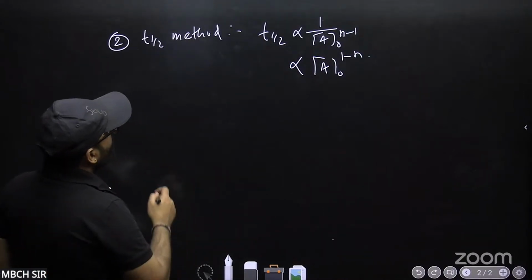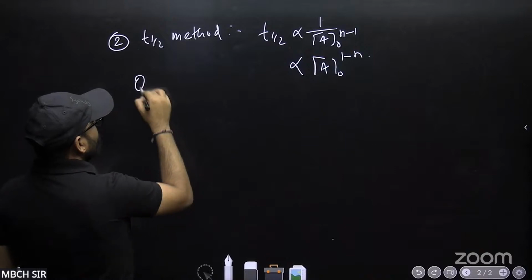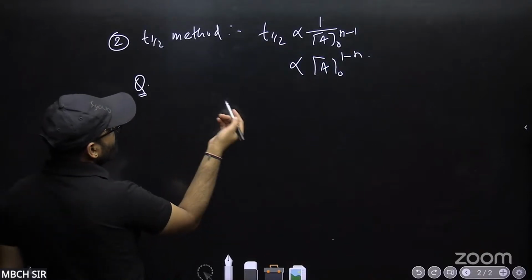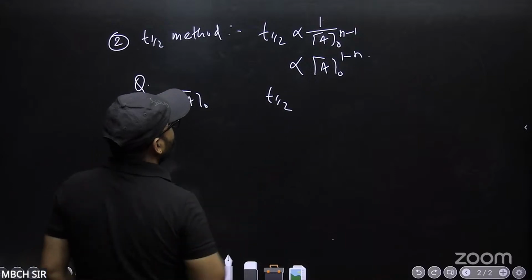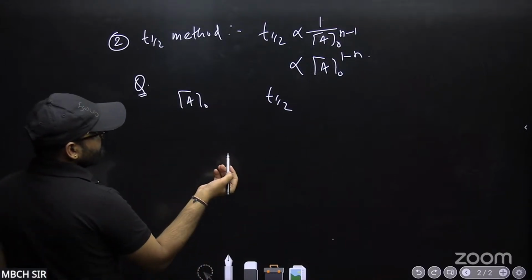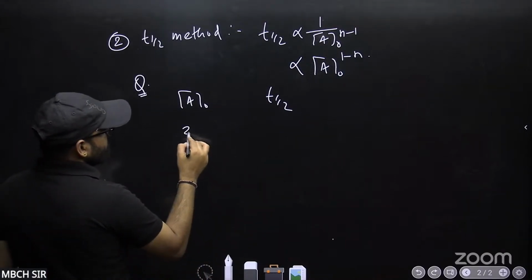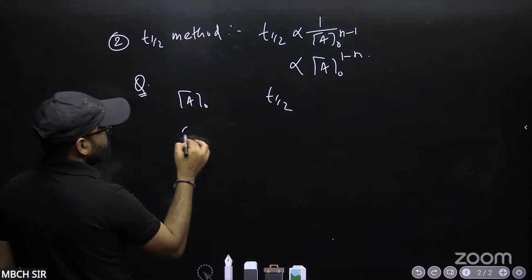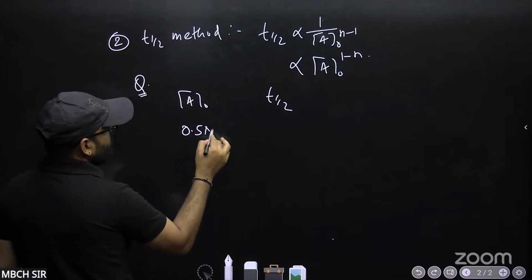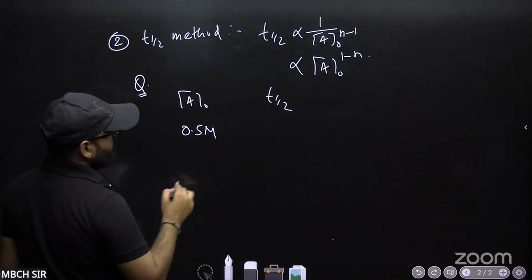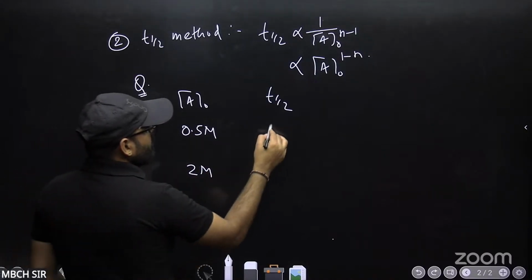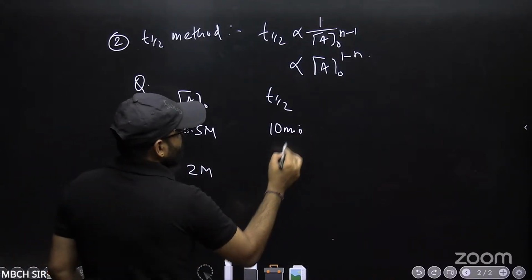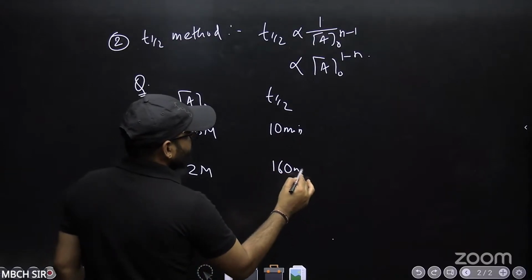Now, I'm giving one question, try to solve it. Let's see, A naught is 0.5 molar and 2 molar, and T half is 10 minutes and 160 minutes.